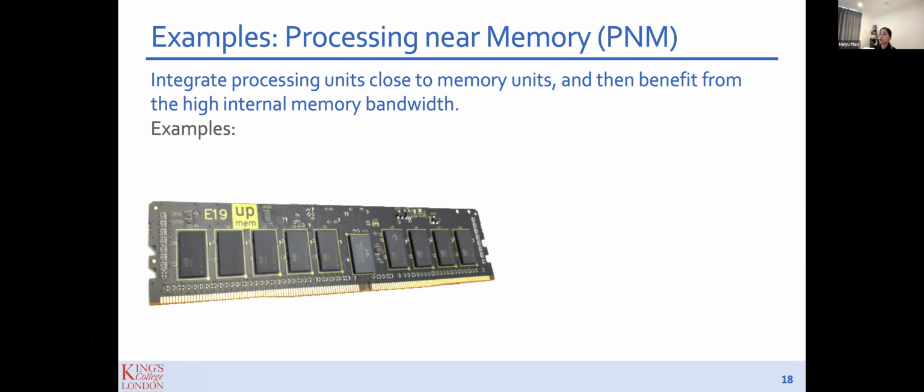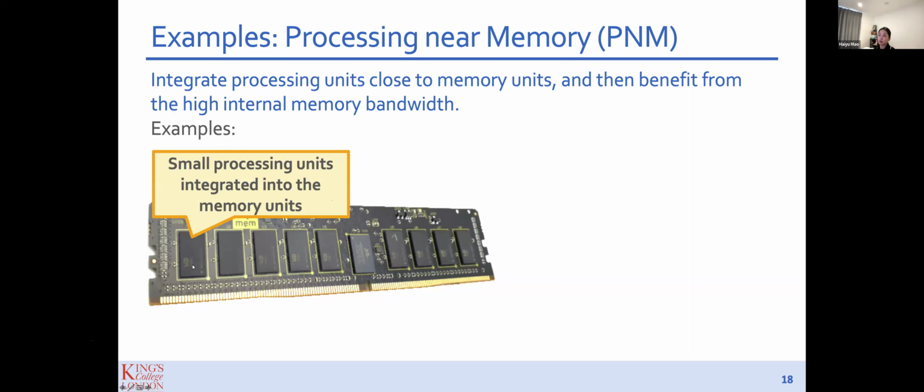And another thing, these are some examples of processing near memory, where we integrate the processing units close to the memory units and then benefit from the high internal memory bandwidth, like UPMEM. Here you can see the memory chip. Inside the memory chip, there's a processing unit. And the small processing units are integrated into the memory units to benefit from the internal bandwidth.